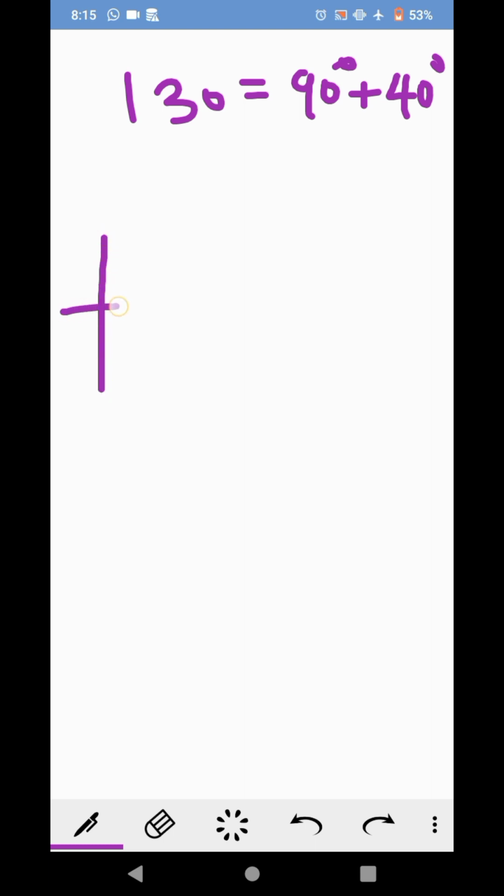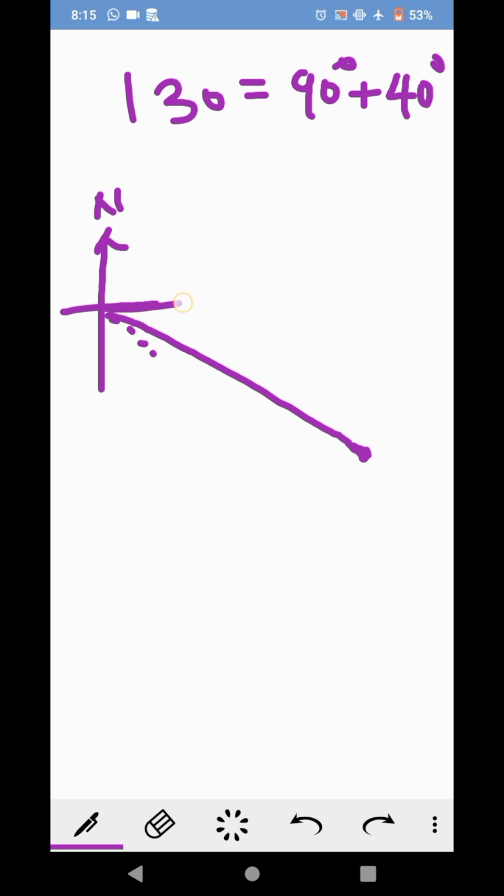Pick a pen now. The first thing you need to know, 130 is made up of 90 degrees and 40 degrees. Okay, so we are in the second quadrant. That means we draw our point north, of course, and we know that this place is 135, so we take our hand up a little and locate our 130.